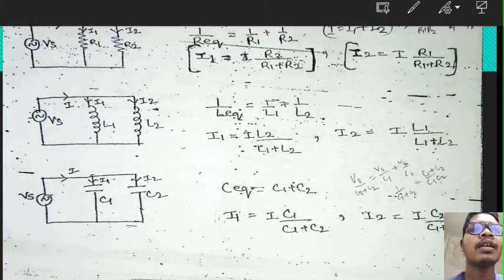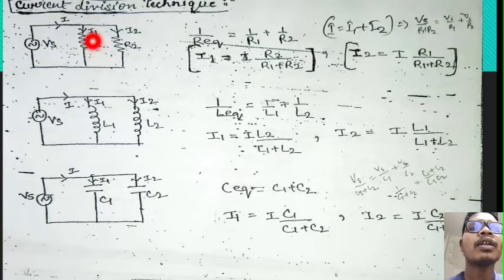That means the opposite arm resistance is R2. So multiply R2 with the current source I, I into R2 divided by the total resistance, that means the resistances that are parallel in nature are added in the denominator. Okay, so this is the one formula.